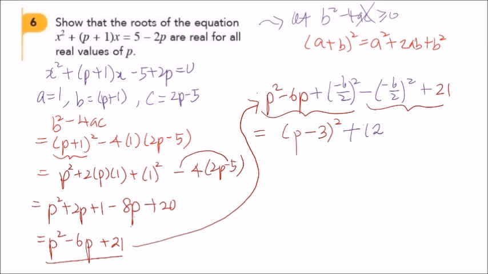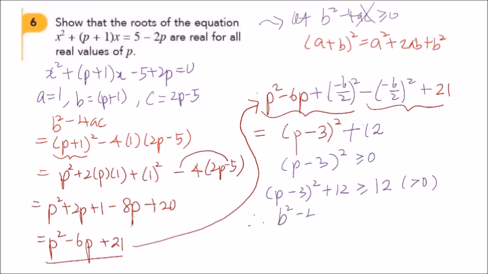Okay, plus 12. Alright, so we need to do some explanation. We know that this squared term will always be greater than or equal to 0. So if you add 12 to both sides, that will give you at least 12. And 12 clearly is more than 0, right? So therefore, at this point, you can say that the value of b squared minus 4ac is more than 0, because 12 definitely is more than 0.